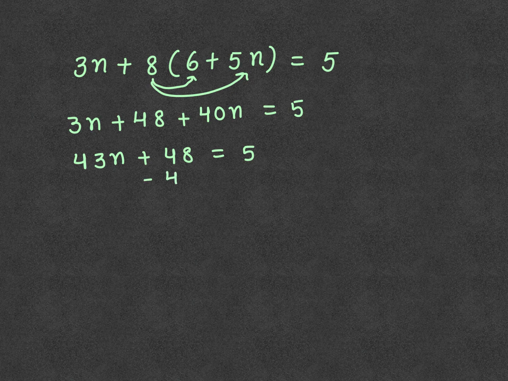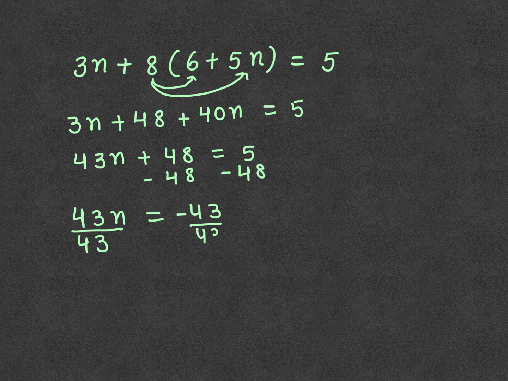So negative 48 on both sides. 43n equal to negative 43. To get rid of this 43, we use the opposite operation, so divide by 43 on both sides. n equal to -1. So the answer is -1.